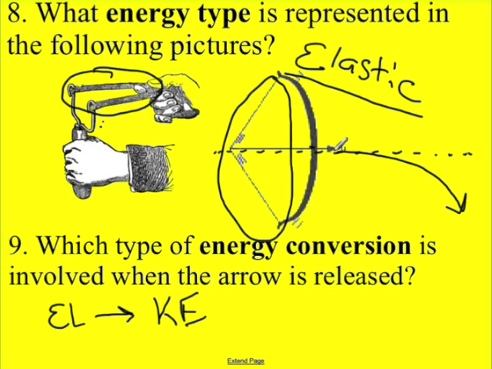But once it's sitting here, I'm not sure if you consider it to have any GE at all. But once it's released, then it has GE. So which type of energy conversion is involved when the arrow is released? The best answer would be you have elastic energy and it gets converted to KE because it's starting to move.